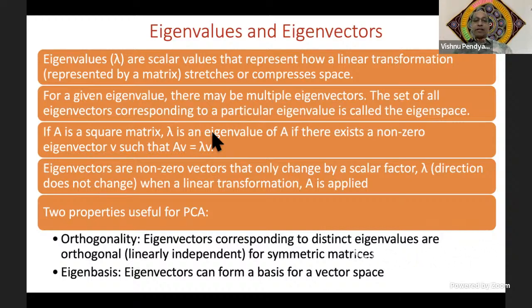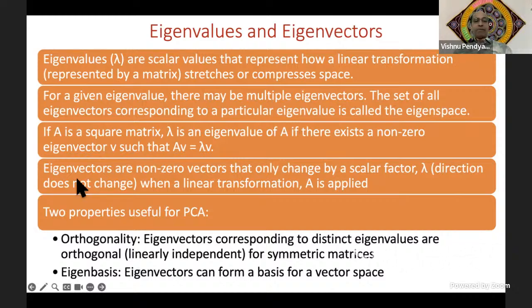Eigenvectors corresponding to distinct eigenvalues are orthogonal. So they are linearly independent for symmetric matrices. So that is exactly what we want, right? We want to come up with synthetic features like carbohydrates and proteins, which are completely independent of each other. There's not a little bit of carbohydrate in protein. There's not a little bit of protein in carbohydrate. So you want to come up with those kinds of synthetic features. And for that, orthogonality of the features is very important.